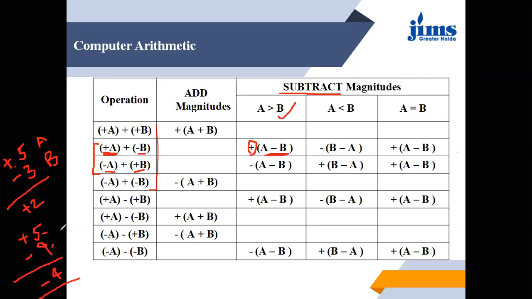So we have to subtract 9 minus 5, that is B minus A, and the sign of this is the sign of B, or we can say the complement of A. The sign of A is plus over here, and this is minus. And when both the numbers A and B are equal, in that case this is 0, meaning we are getting plus 0.